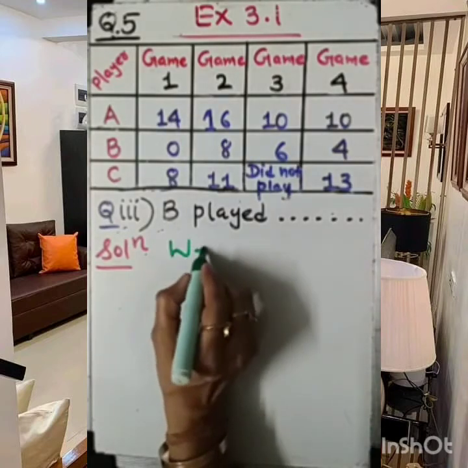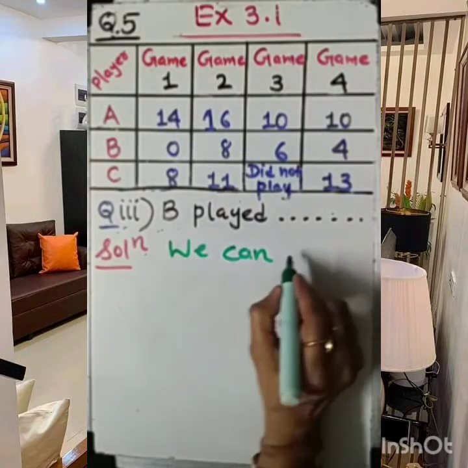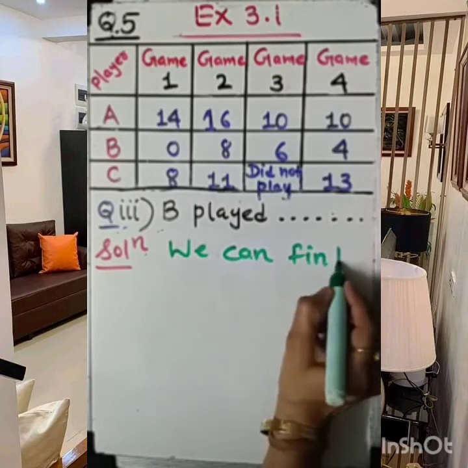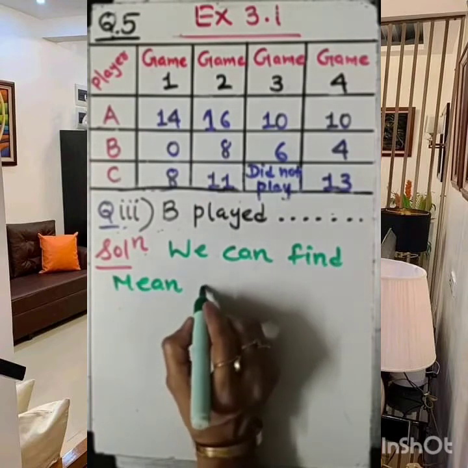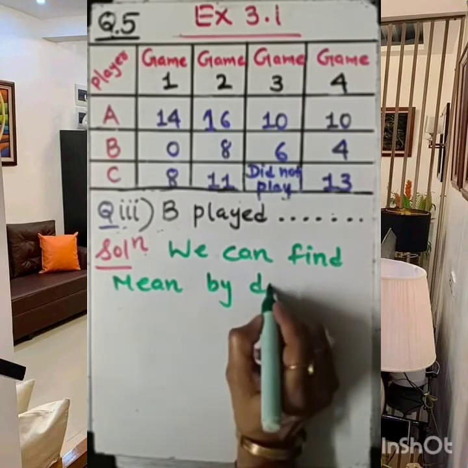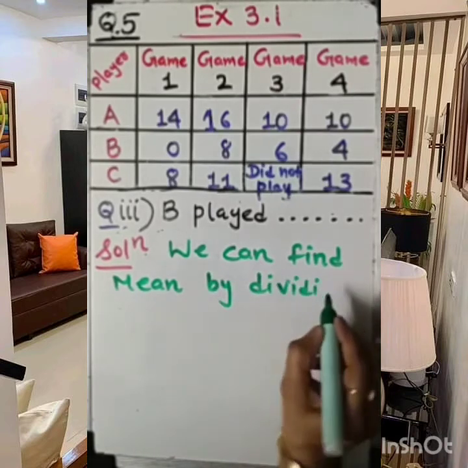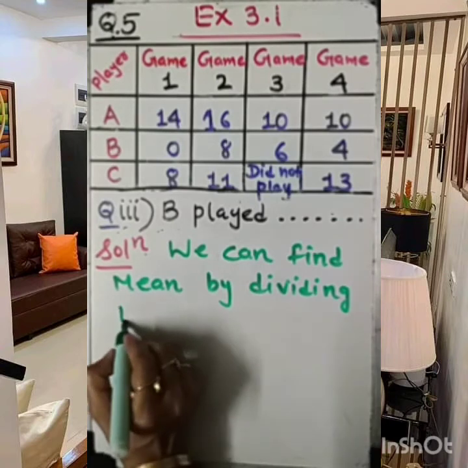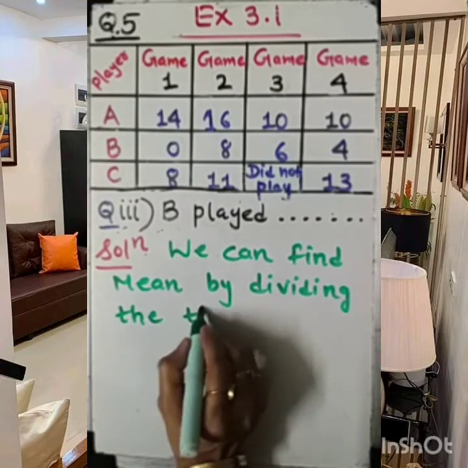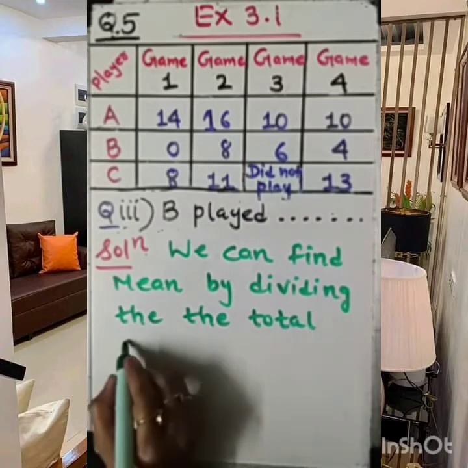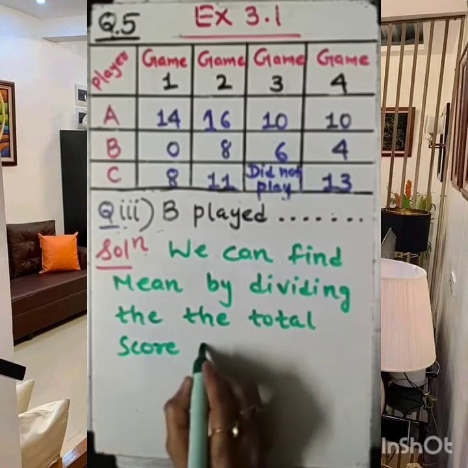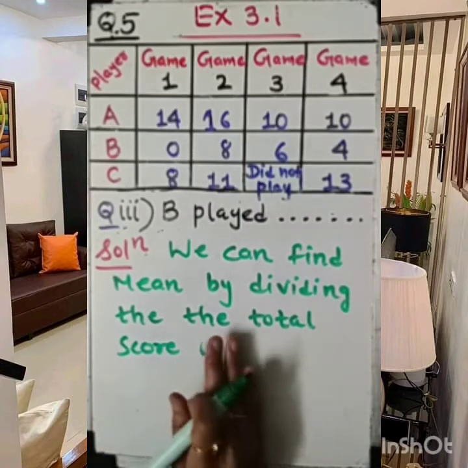We can find the mean by dividing the total score by 4.